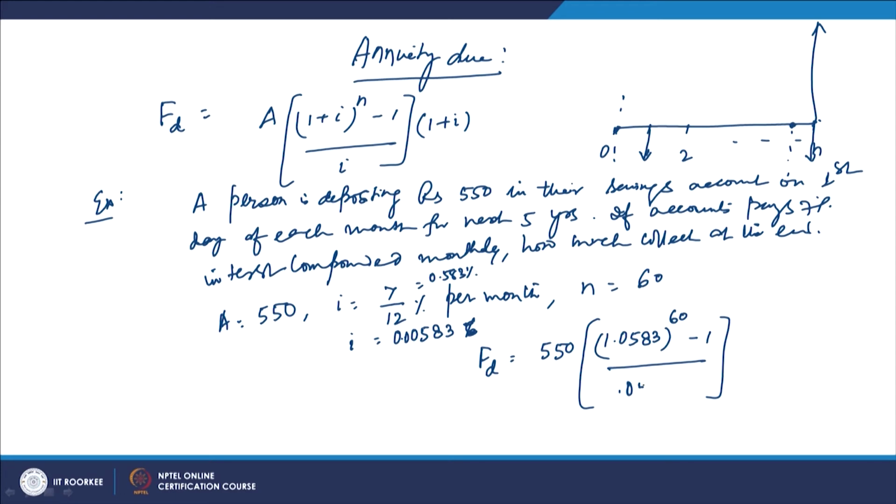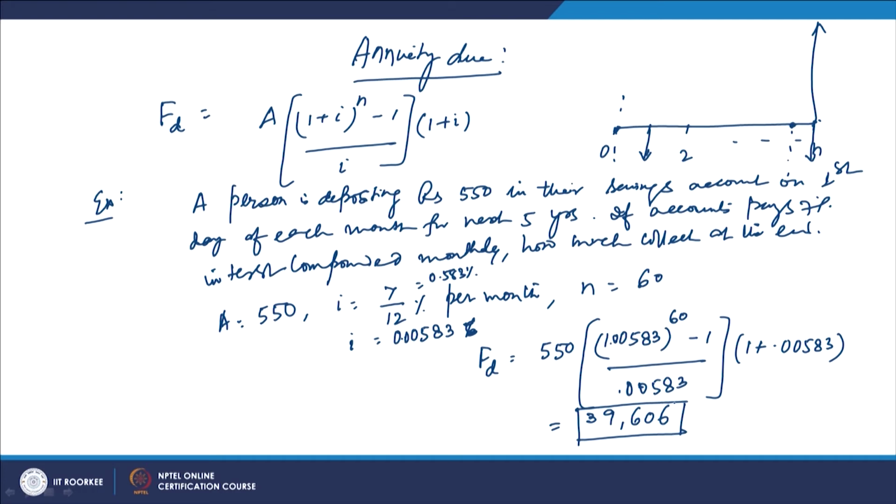So this will also be 1.00583 raised to the power 60 minus 1 by this, and then again you multiply by 1 plus I, so 1.00583. So this amount being calculated will give you the amount, and this comes out to be 39,606. So you can compute this value and get these values.